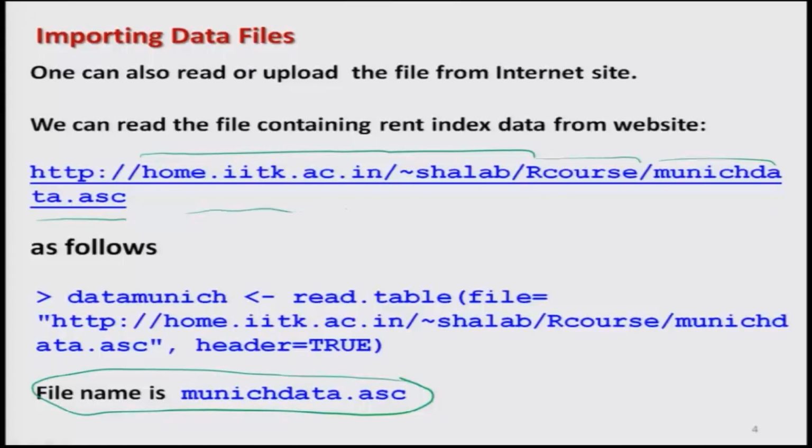So, I have kept this file at this address, and now in order to read such data, you will see there are different types of functions, read table, file, and so on, but here we are going to use the function read.table.